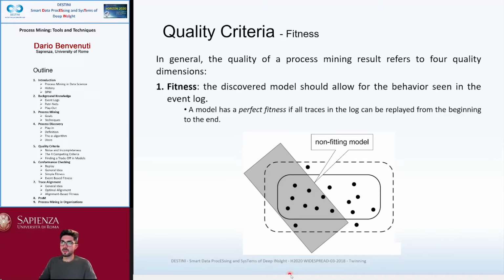And here you can see in the picture that, for example, if we found a model that can represent only a subset of the behavior that is expressed in the event log, we have in front of us a non-fitting model, since we cannot replay every trace that we already have.